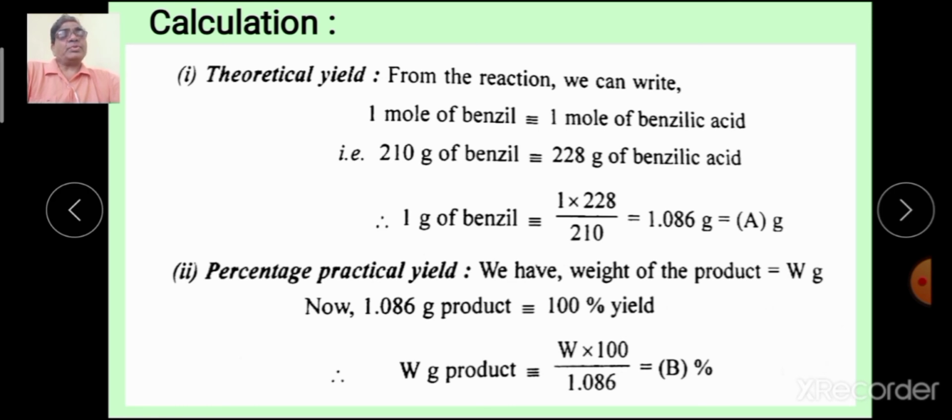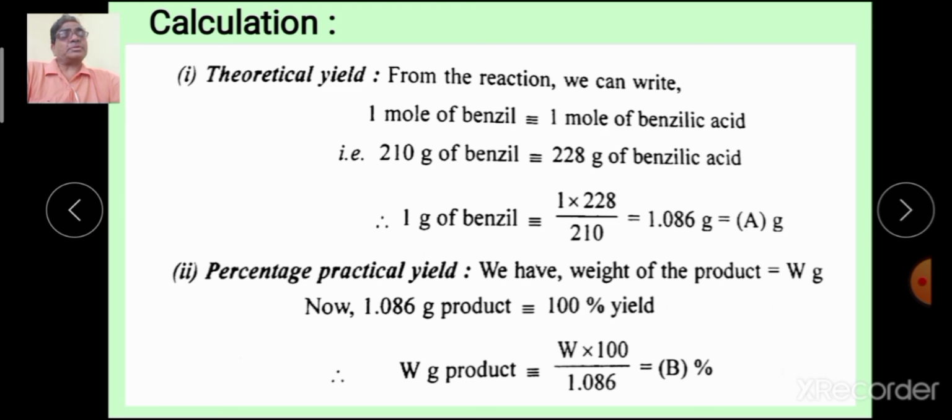Now, if your weight obtained is up to this 1.086 gram, then the yield will be 100%. If the weight is less, the yield will be accordingly decreased. What is the calculation of percentage practical yield? We have the weight of the product equal to W grams.